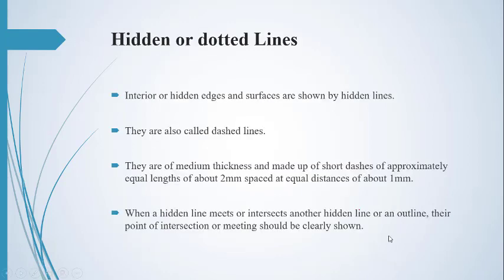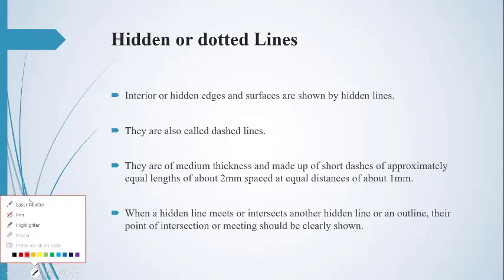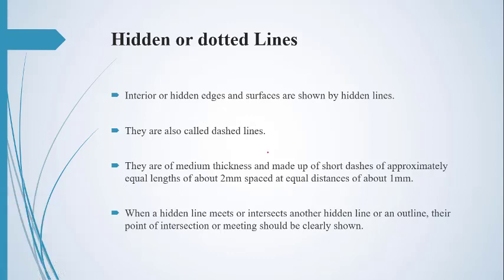Now let's see hidden or dotted lines. So what are the hidden or dotted lines? Interior or hidden edges and surfaces are shown by hidden lines. Sometimes there are drawings or objects which consist of edges that can be seen and some edges that may not be seen.